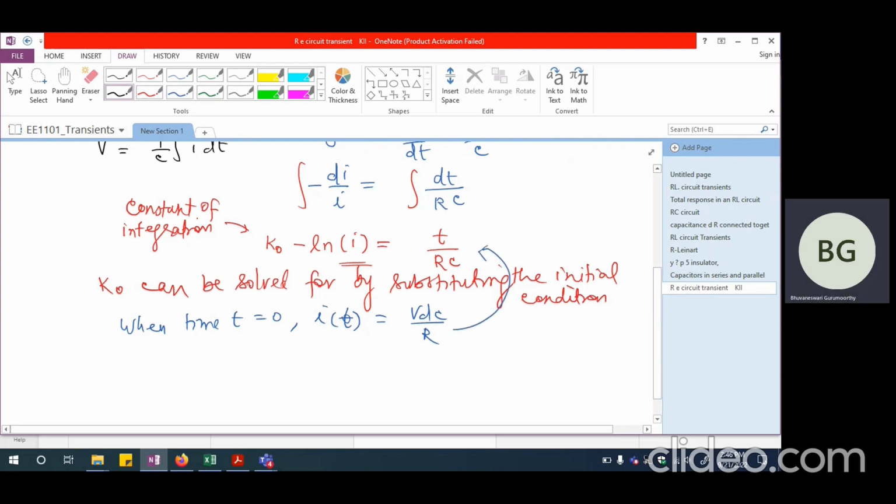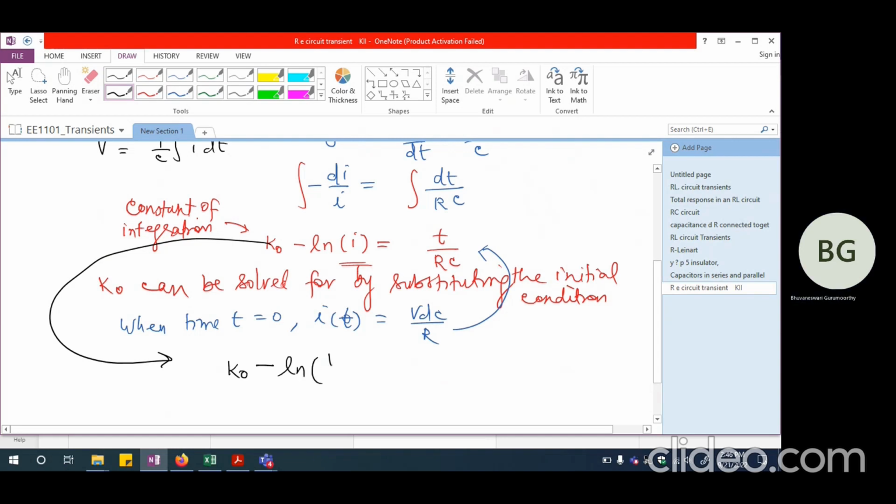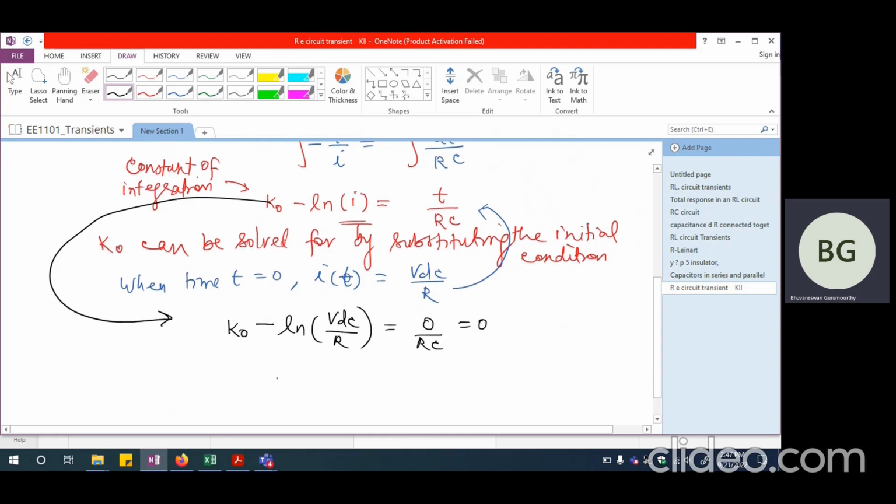So K naught minus ln of VDC divided by R is equal to T by RC, where T is 0, divided by RC. So that is going to be equal to 0. So I can say simply K naught equals ln of VDC by R.